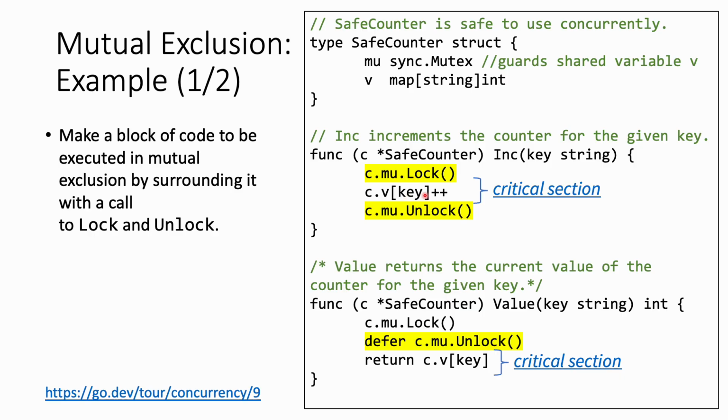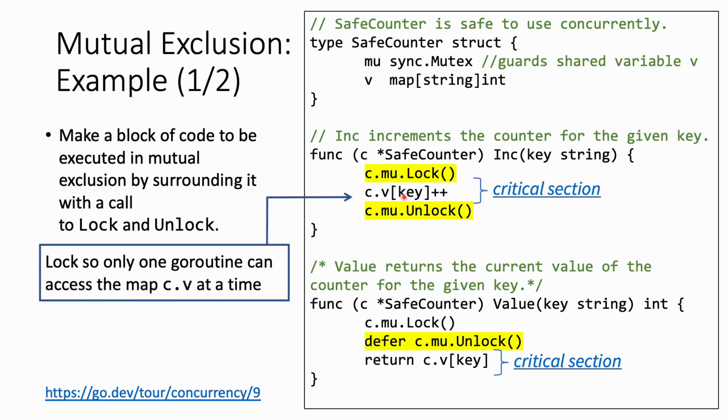For example, in the inc method of safe_counter, we want the increment of c.v at key to be executed in mutual exclusion so that only one Go routine can access the map c.v at a time.